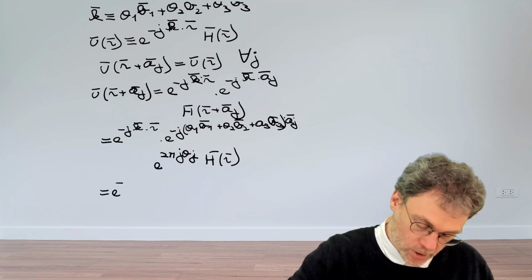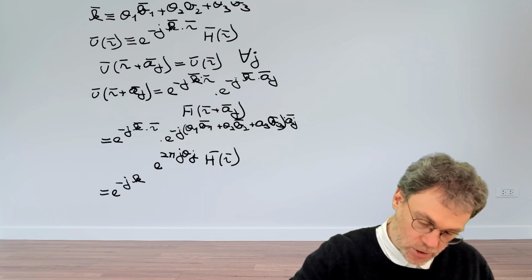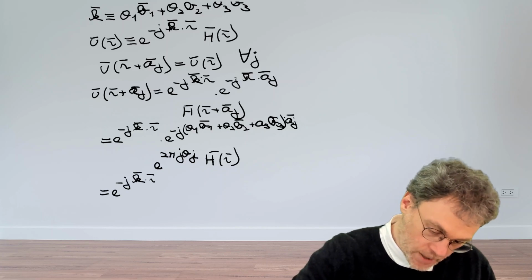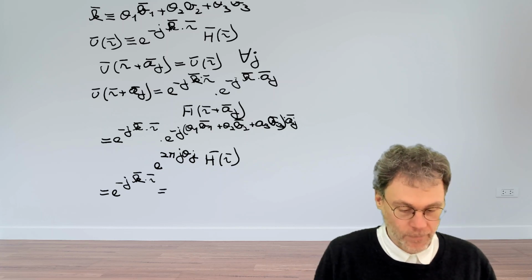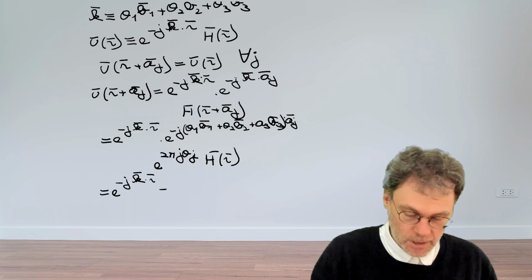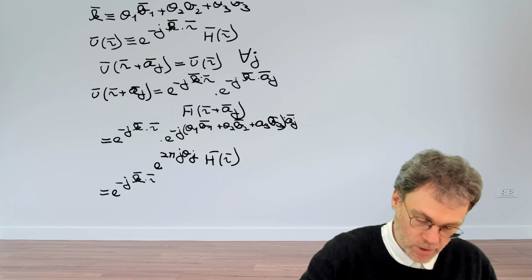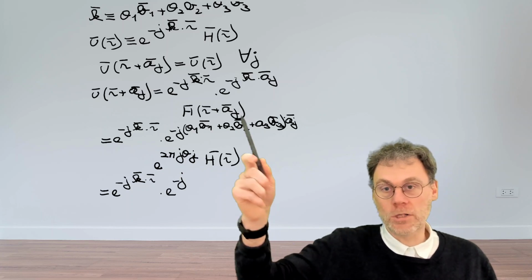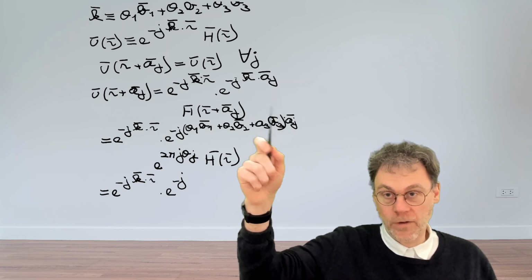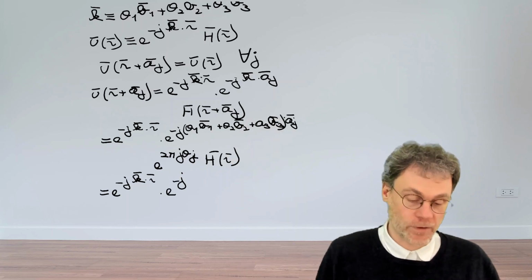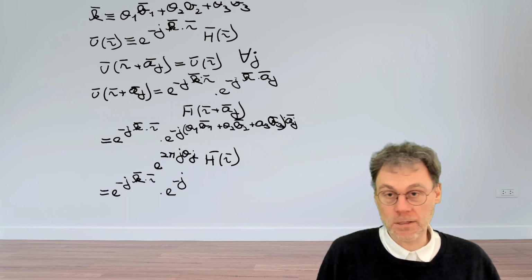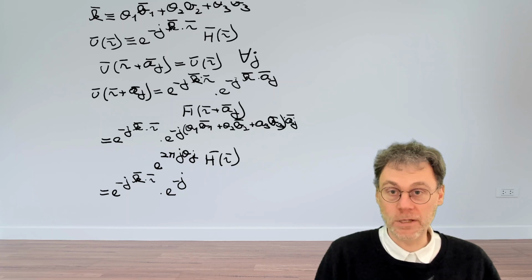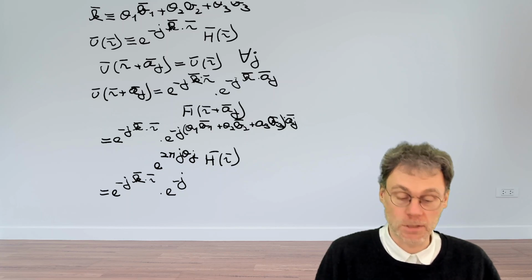We're getting very close to where we need to be. Exponential minus j k r. And then we have here in our exponential all sorts of products between lattice vectors and reciprocal lattice vectors. And we know that if the indices of the a's and the b's are different, then this thing becomes 0.